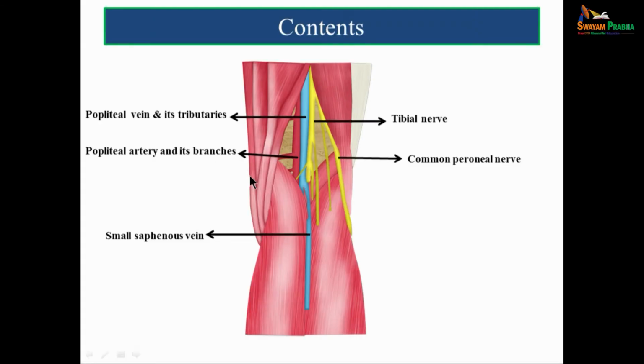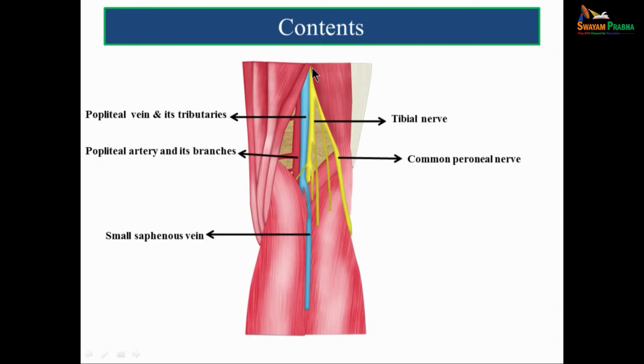Now we move on to the contents of the popliteal fossa. Now this picture shows you the different contents, that is the different structures present in the popliteal fossa. We have the tibial nerve and common peroneal nerve. The sciatic nerve we already discussed.